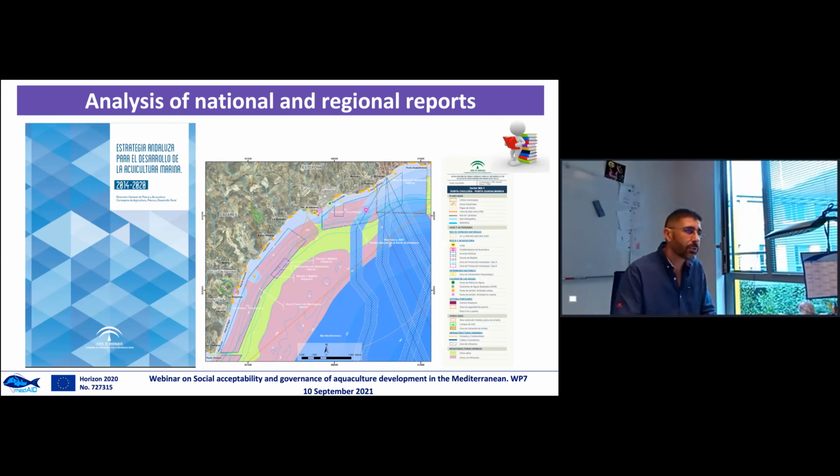The first part is a diagnosis that was based on a bibliographic review, taking into account different reports from the regional authorities and national authorities. This gave us an idea of the context.